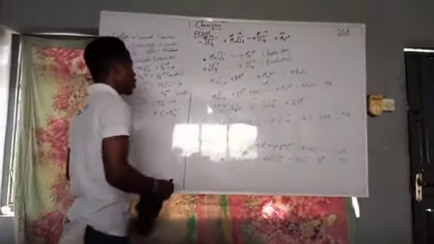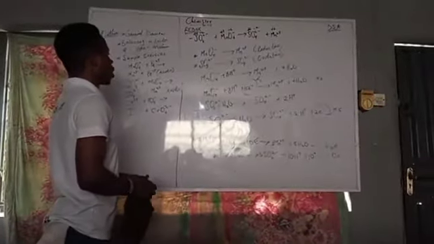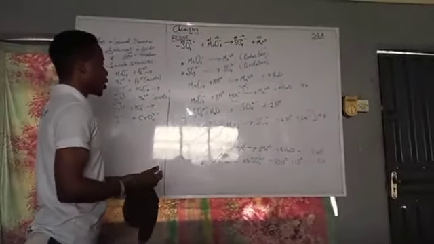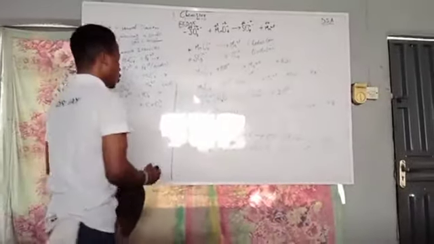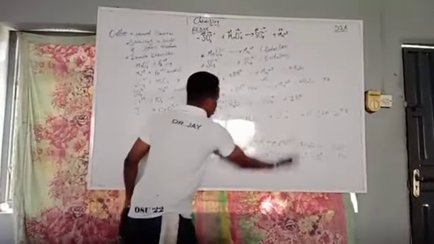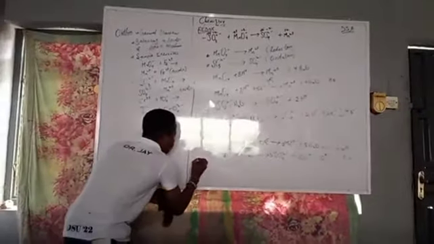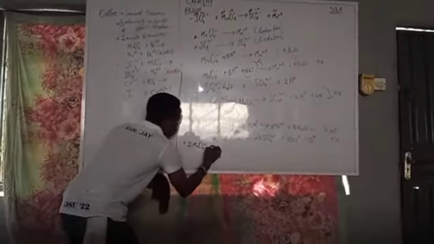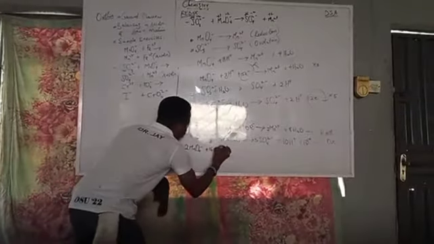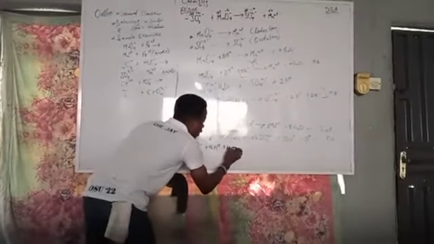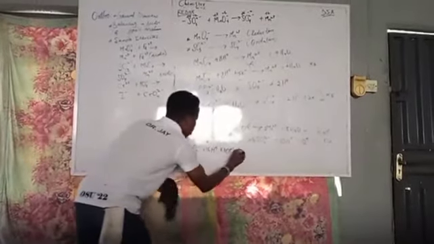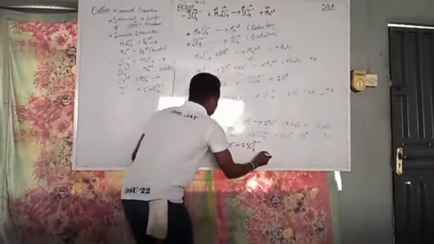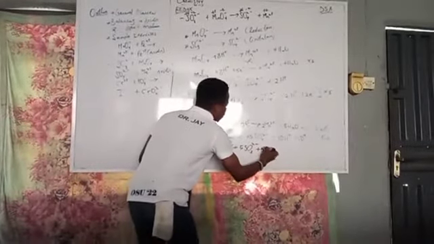Okay, so now what do we do? We have everything. The charges are balanced, the atoms are balanced. So we form up reduction and oxidation. So reactant, product. So you have 2 MnO4 minus plus 16H plus 10 electrons plus 5 SO3 2 minus plus 5 H2O.